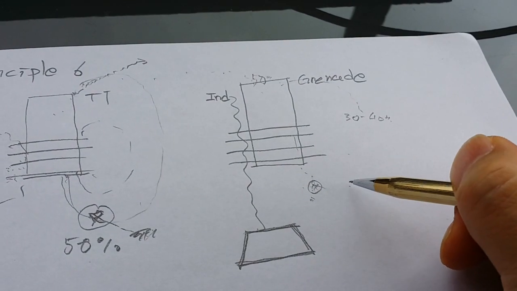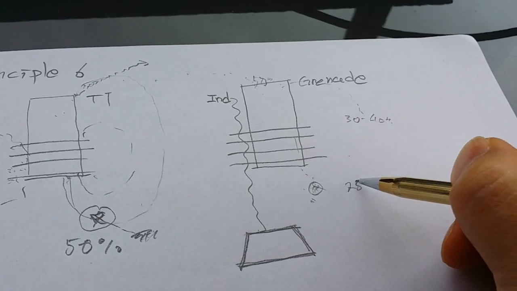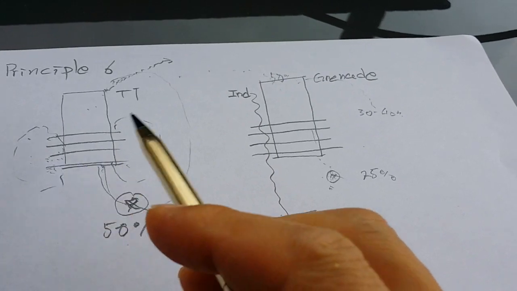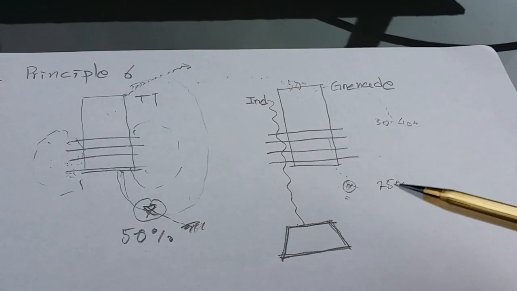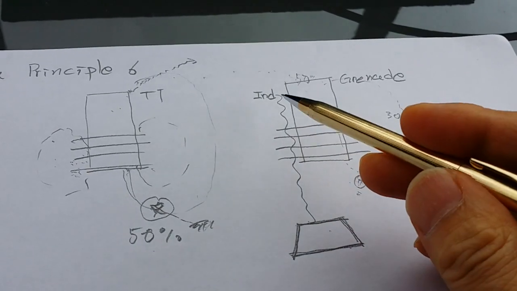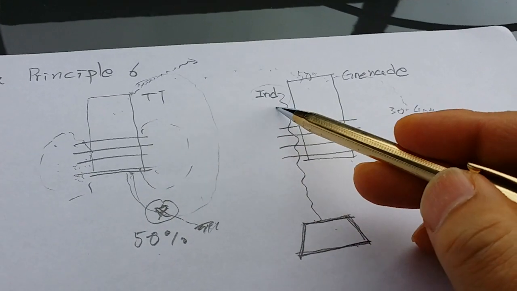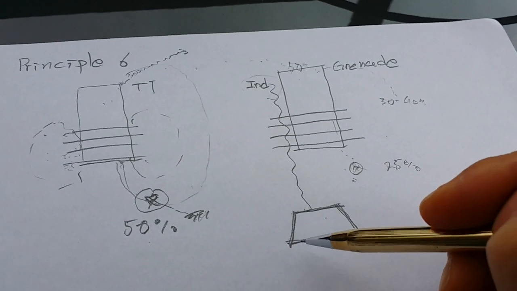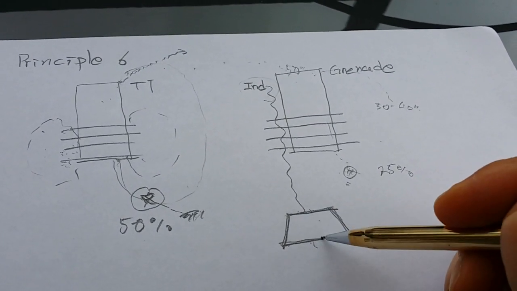Normally it's 25% energy that comes back compared to the input. But if I turn on the yoke and give some signal to the inductor, then there is another loss here.